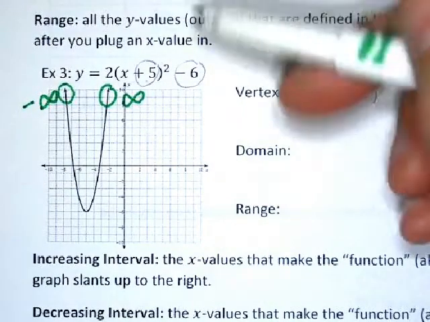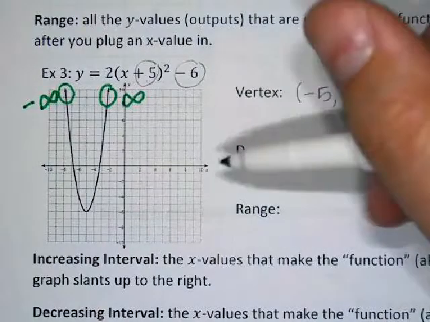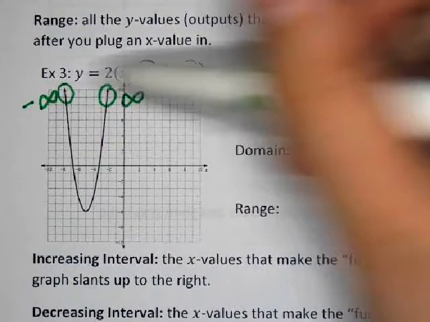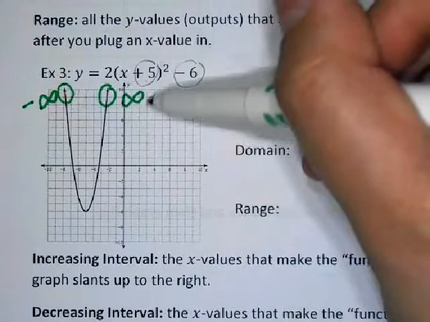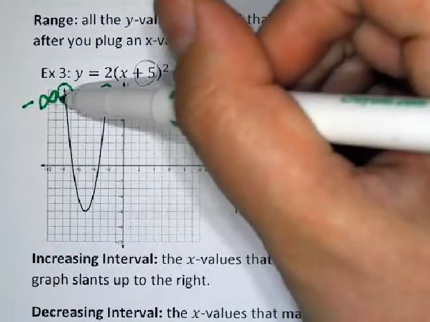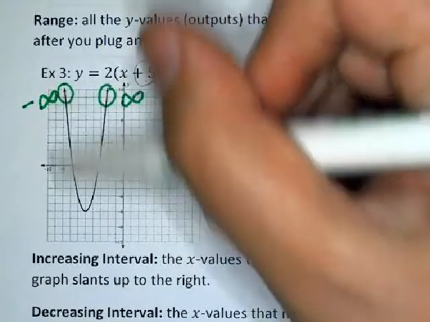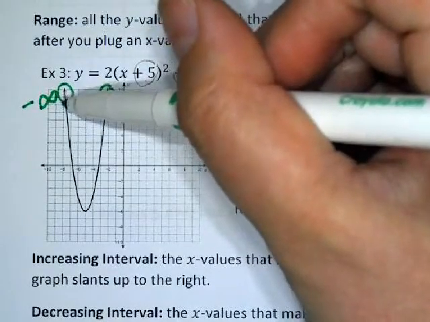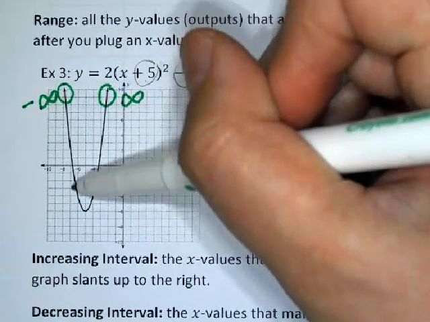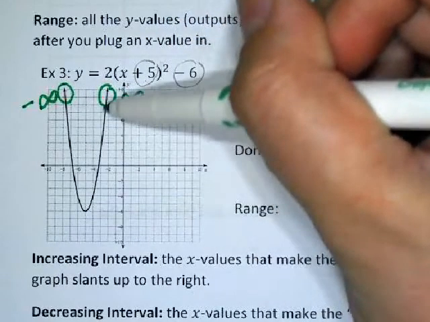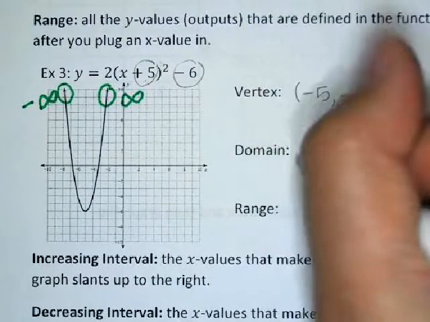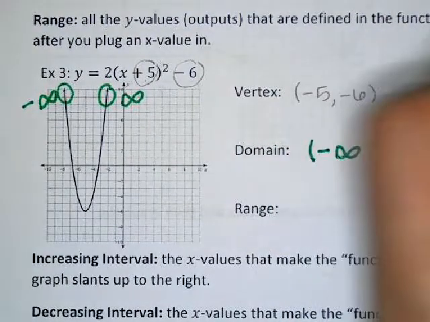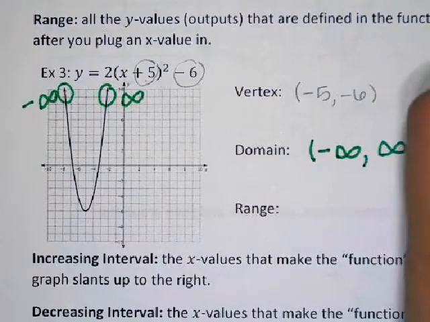So if we wanted to write down what the domain was, we would say that all of the x values represented in the graph are negative infinity all the way to positive infinity, because if we start from the left and go all the way to the right, we start at negative infinity, and then we have all of the x values all the way to positive infinity. So our domain is negative infinity to positive infinity.